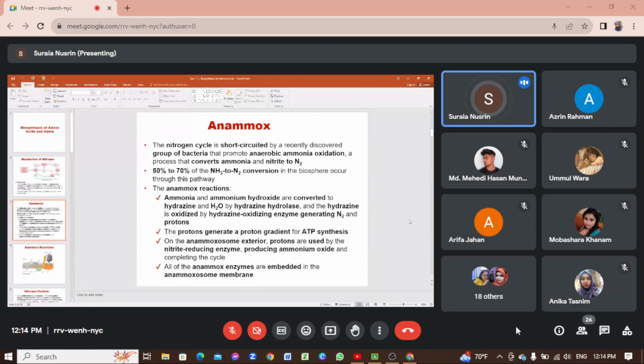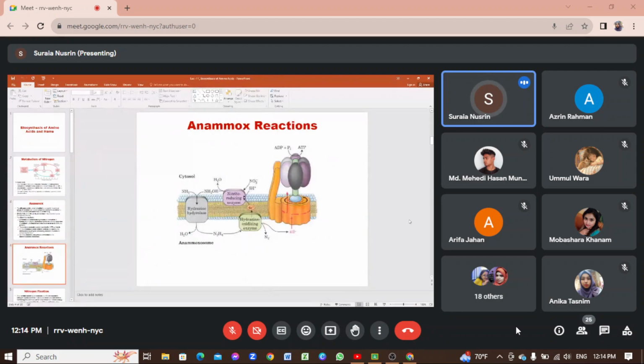About 50 to 70% of this ammonia to nitrogen conversion happening in the biosphere is done by this particular pathway. And the reactions are here. The description is in this slide.